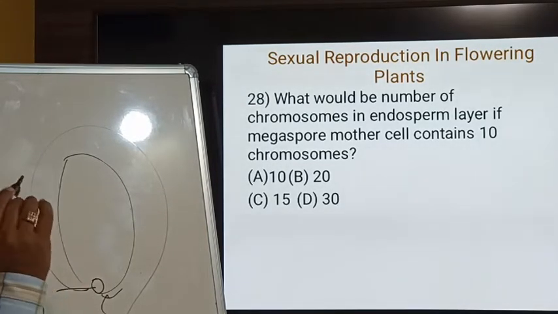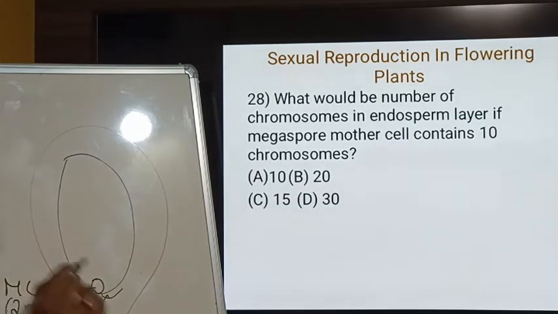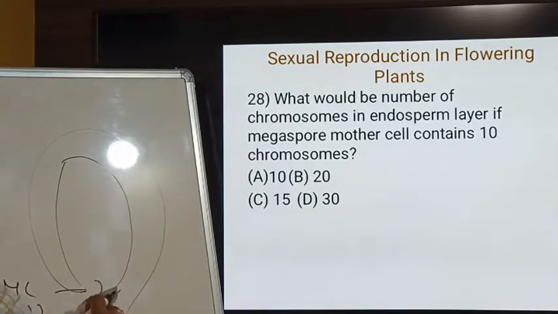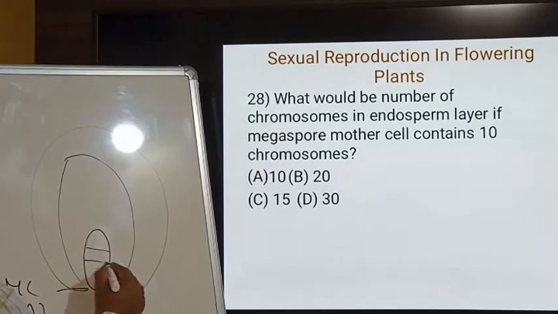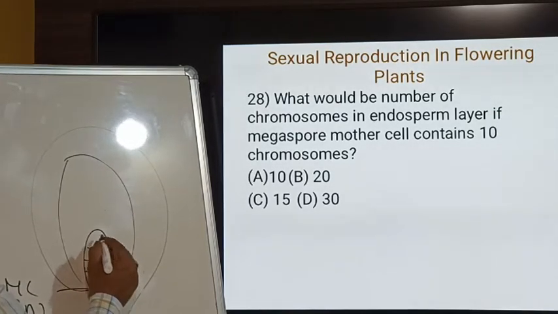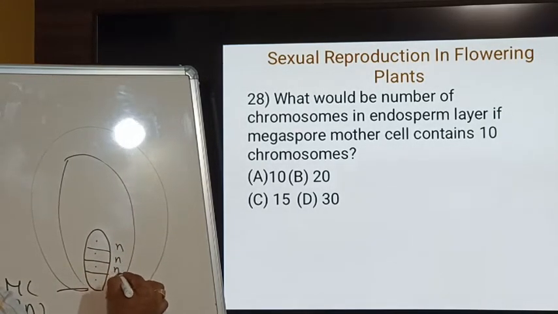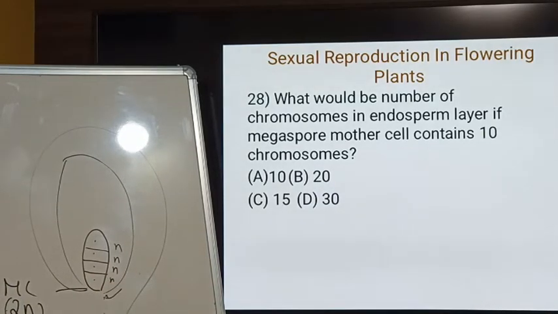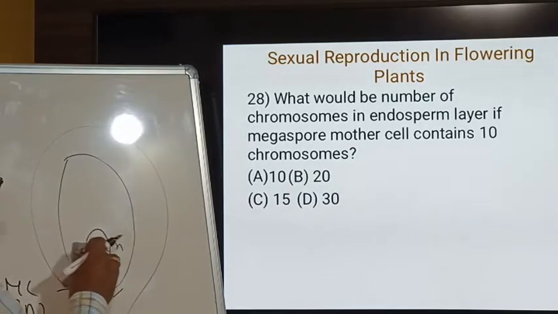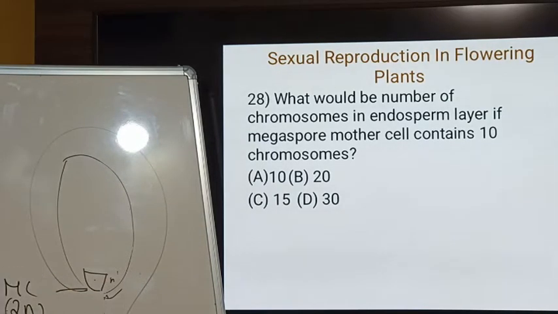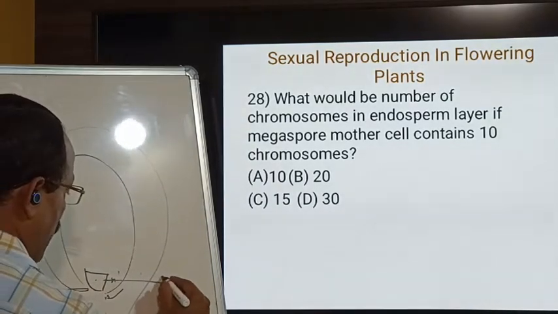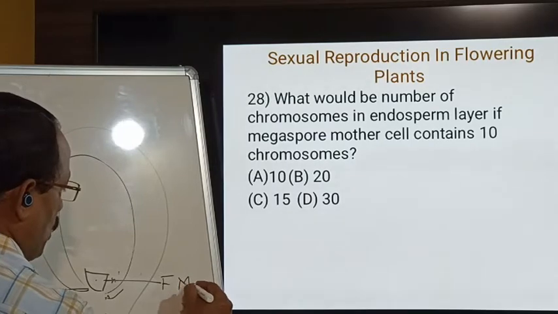This diploid megaspore mother cell undergoes meiotic division, which leads to formation of 4 haploid megaspores. Right? Out of the 4 haploid megaspores formed, 3 will degenerate and only one will become the functional megaspore.